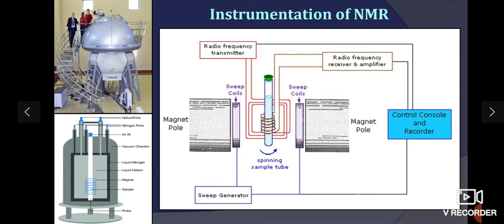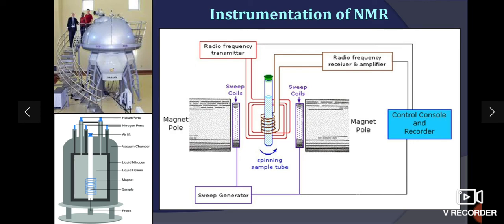By placing the sample to be examined in a strong magnetic field and measuring the frequency of radiation it absorbs, information can be obtained about the environments of nuclei in the molecule. There are two variables that can be altered when recording an NMR spectrum: the magnetic field can be kept constant and the range of radio frequencies scanned, or the radio frequency can be kept constant and the magnetic field scanned.